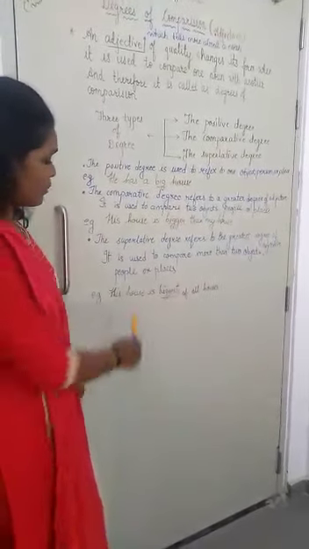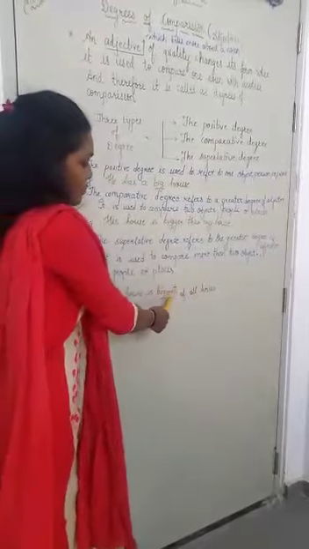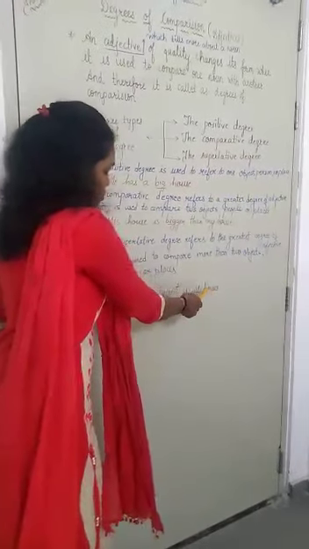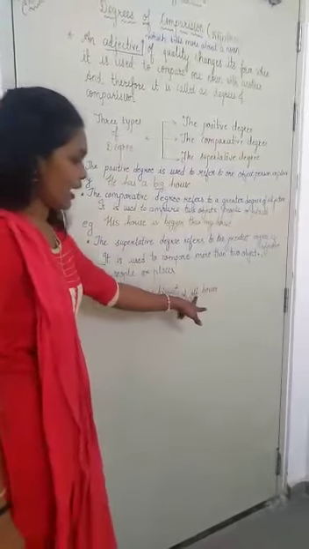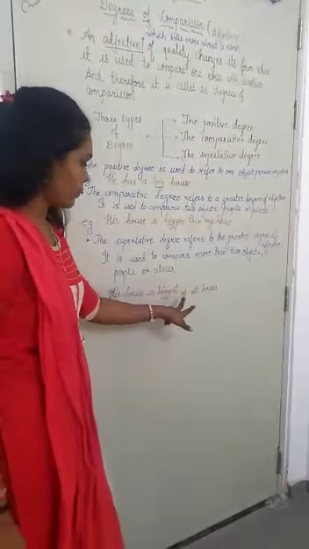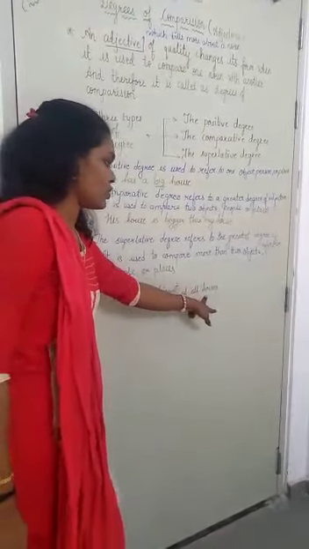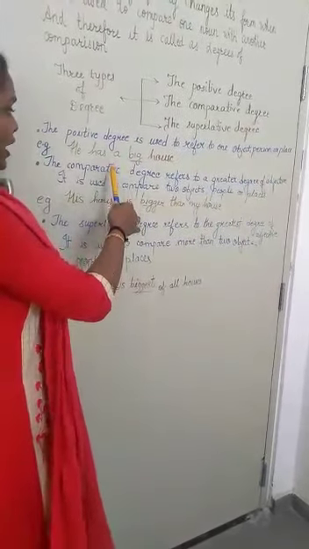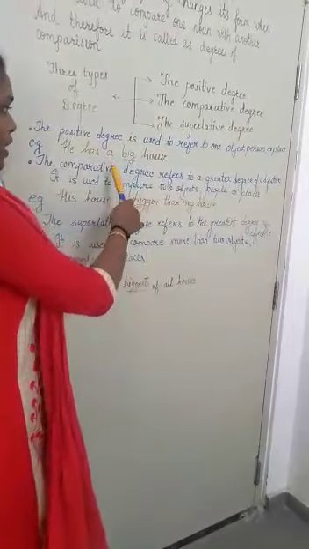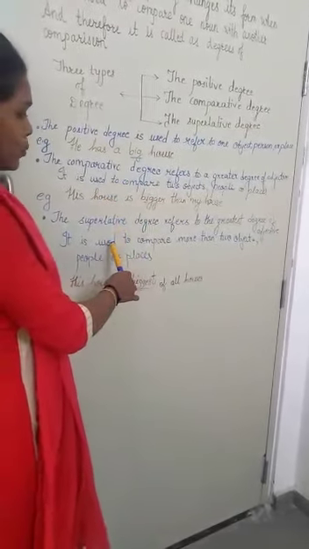For example, his house is biggest of all houses. So here the comparison is made between his and all, means more than two people, house and houses, more than two houses.